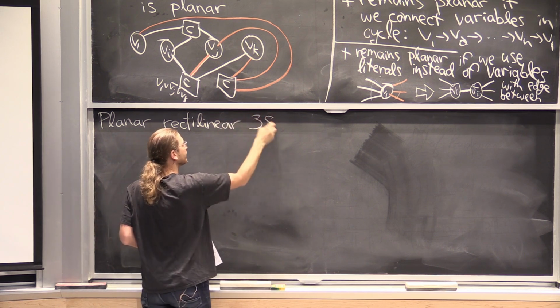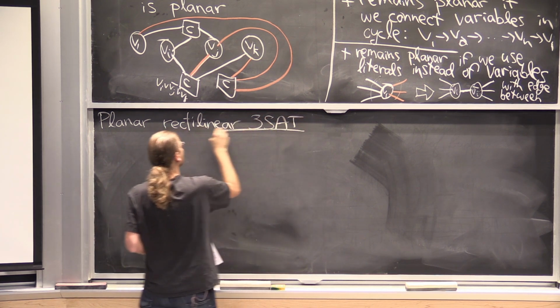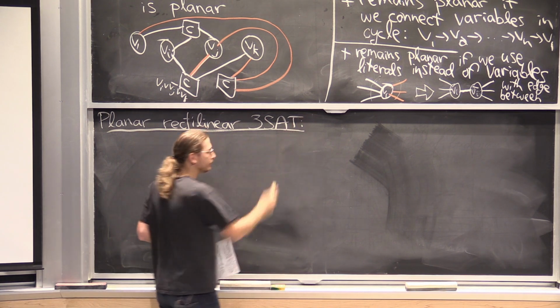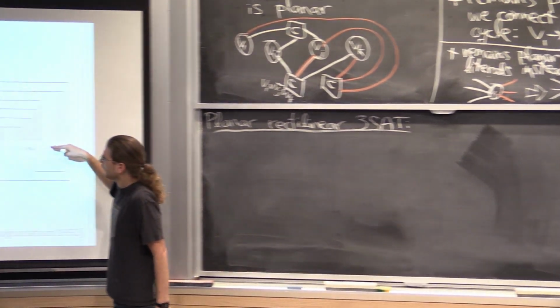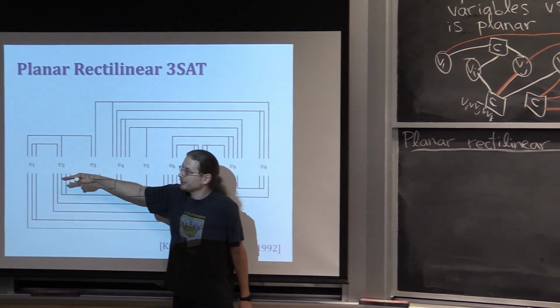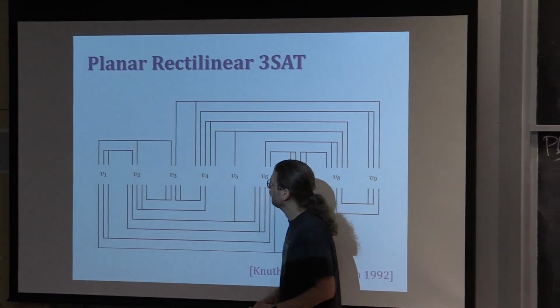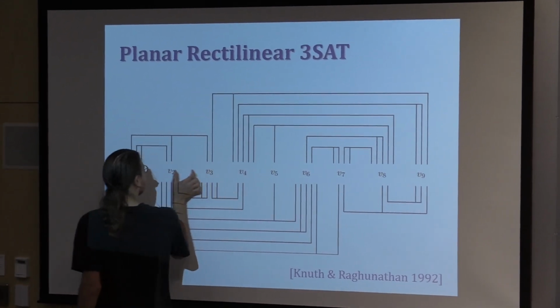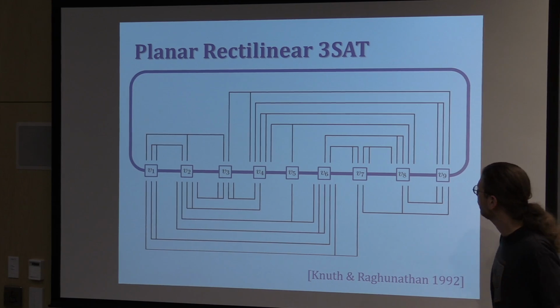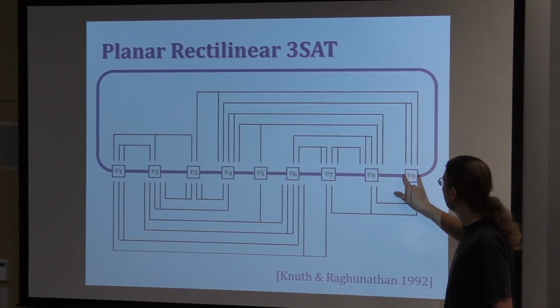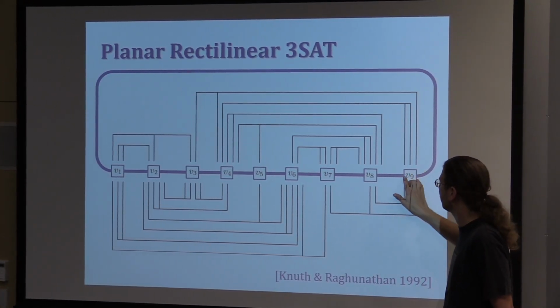That word is rectilinear. So this is a relatively simple modification to what we have already. I want the variables to live on the x-axis. You can think of them as horizontal segments on the x-axis. So I prefer this drawing. So imagine each variable is like a little horizontal segment, or in this case a box.